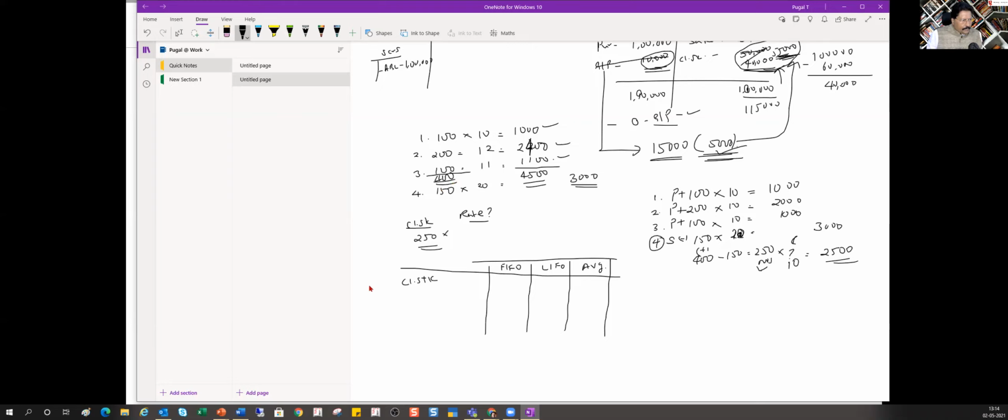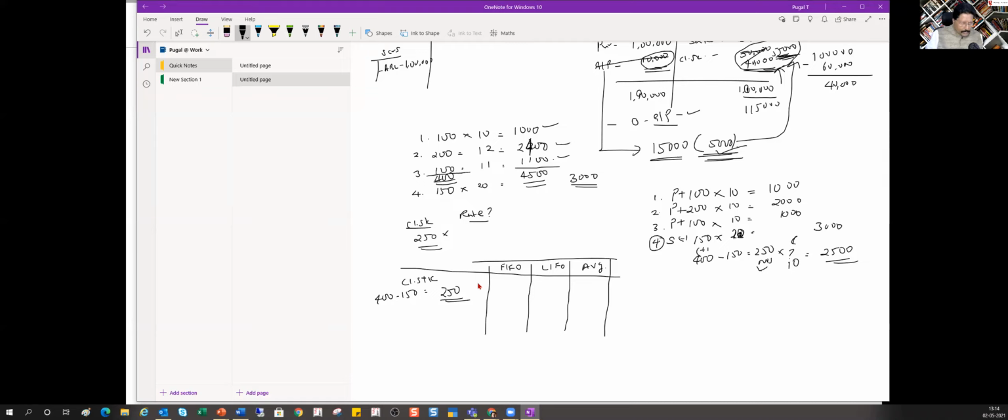The simple formula to arrive at your closing stock quantity is inward 400 minus outward 150. So your closing stock is 250, irrespective of the valuation that you apply.